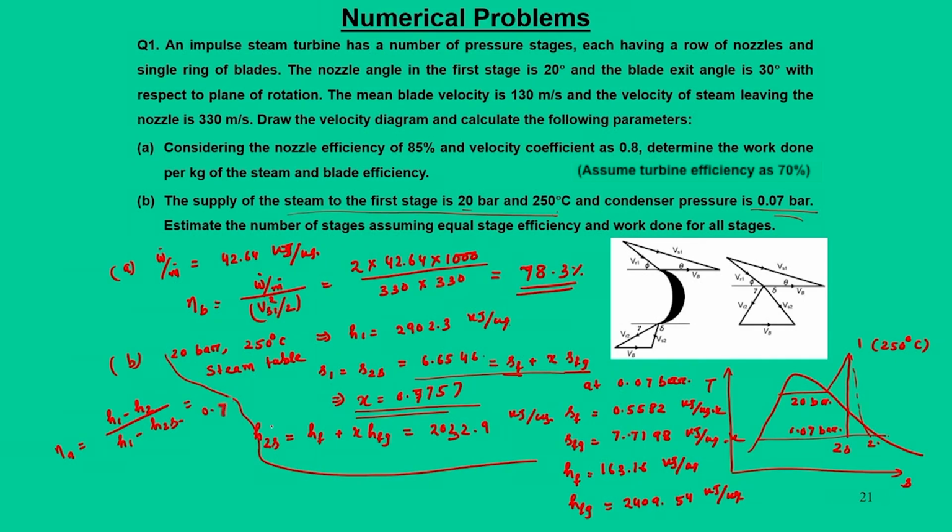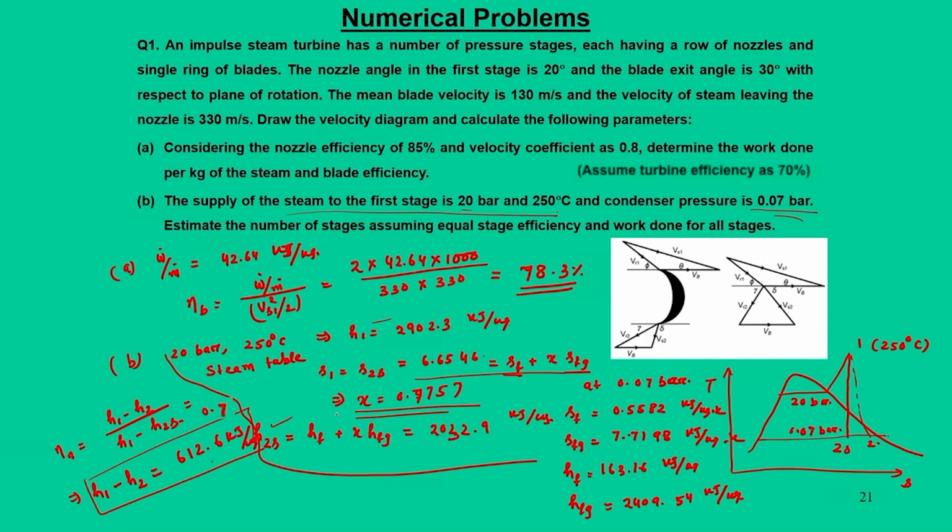So, we have H2s, we have H1. So, we can find out the actual enthalpy drop. So, the actual enthalpy drop now becomes 612.6 kilojoule per kg.